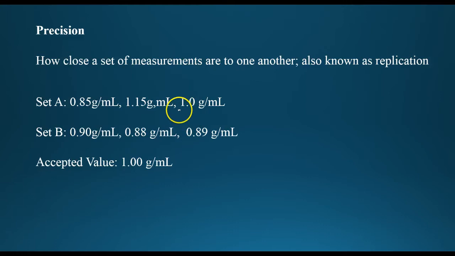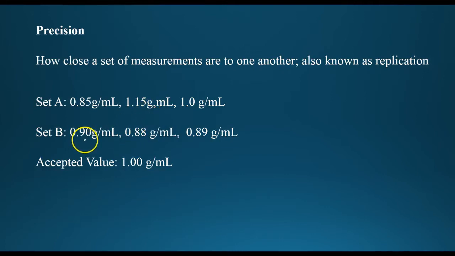The answer would be no, because 1.15 is 15% away from 1.0 and 0.85 is 15% away from 1.0, and these two numbers are 30% away from one another. So the reliability isn't very good. The replication, them repeating themselves, is not good.